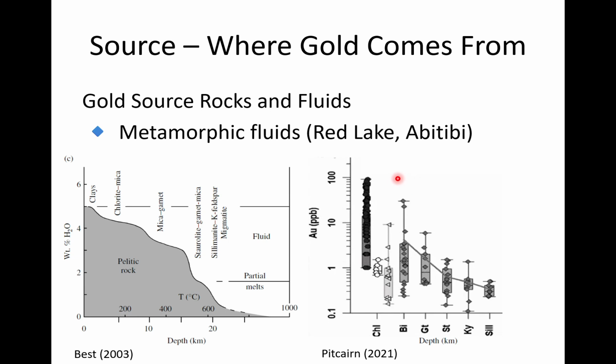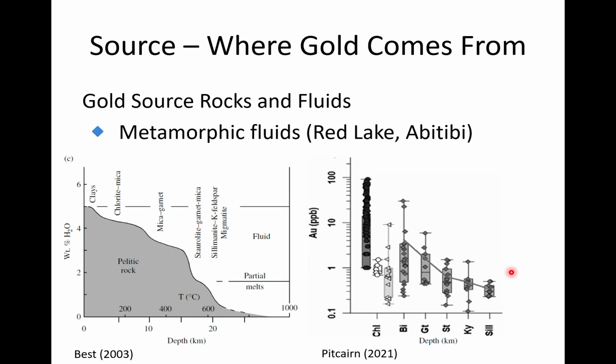In the right diagram here, Pitkin measured gold in the different metamorphic facies of the metasedimentary rocks. And this diagram showed a significant decrease in gold that has been released from the rocks as metamorphism progressed.